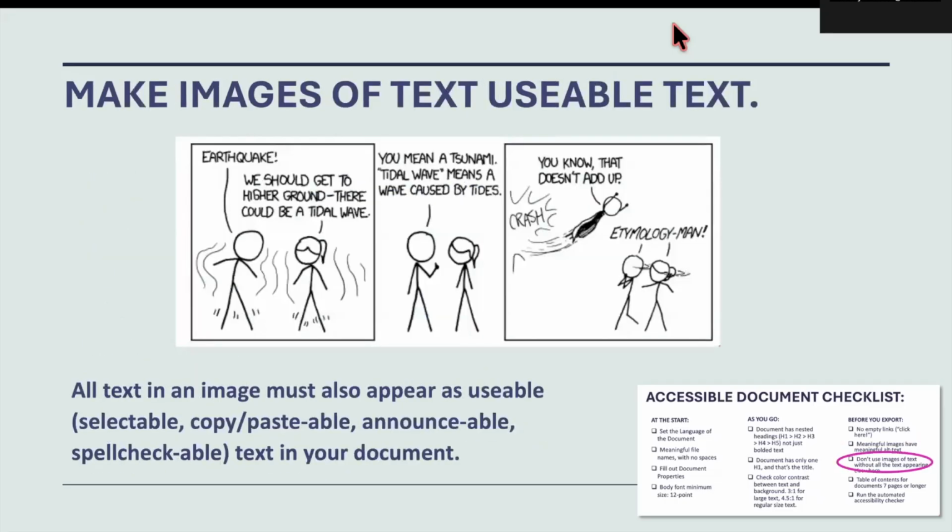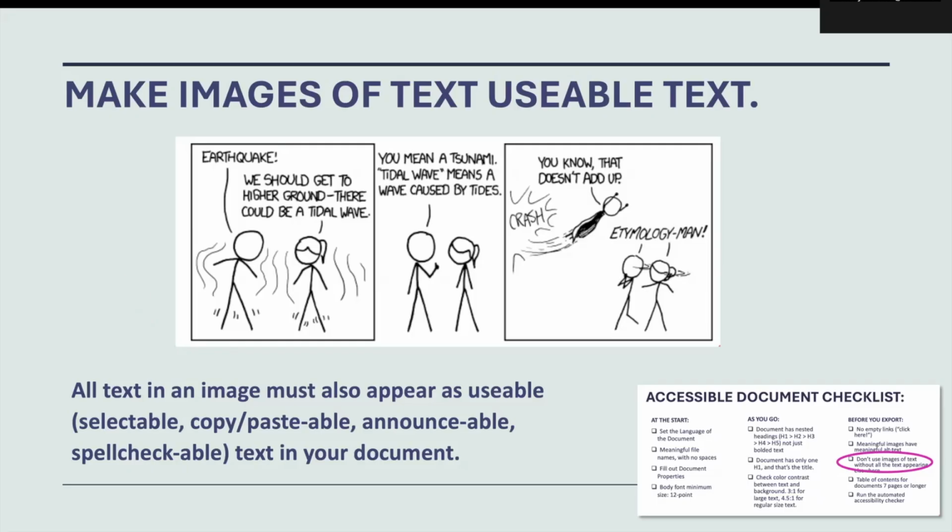You also want to make images of text usable text. So by usable, I mean text that is selectable, copy pastable, announceable, and spell checkable. So I have a comic on screen. It's a 3-panel comic from the comic XKCD. And comics have action, characters, and dialogue.